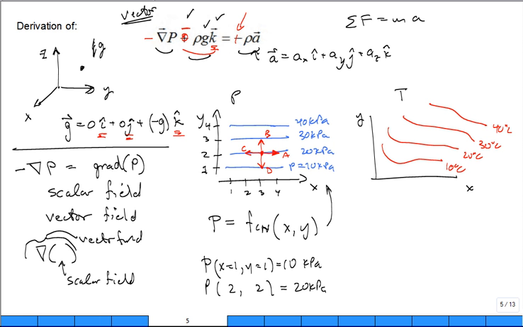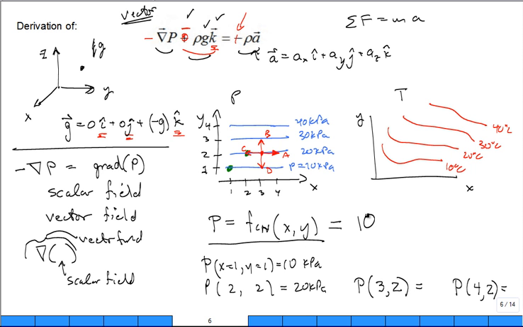They evaluated at this point right here, and then at that point right there. At one point it had a value of 10 kPa, and at the other, 20 kPa, but I'm looking for the function that describes that pressure field. And I think I had one or two correct answers so far.